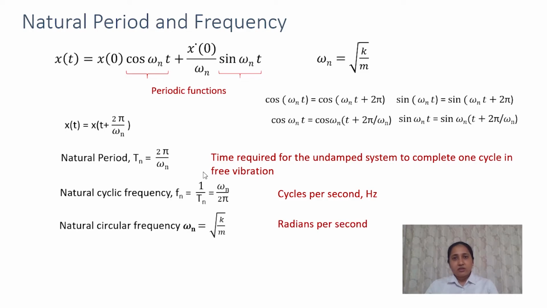And we have one more frequency known as the natural circular frequency, which is equal to ωn, which we have already defined. It is equal to root of k by m. This indicates how many radians are covered in each second. So ωn is the natural circular frequency of the system.